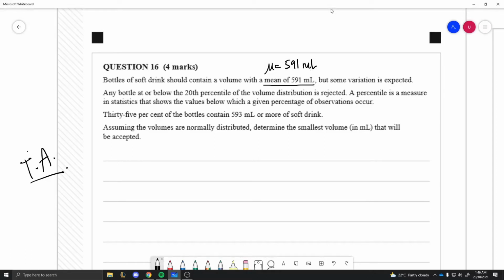Normal distribution. Any bottle at or below the 20th percentile of the volume distribution is rejected. So if we have a normal distribution curve, I'm just going to draw this temporarily, like this, the 20th percentile is this z-score, or this point on the normal distribution graph.